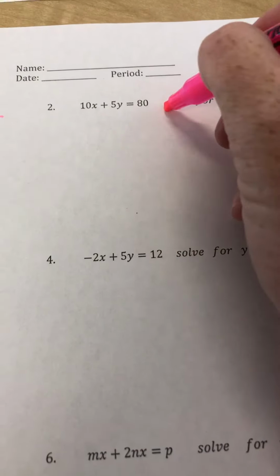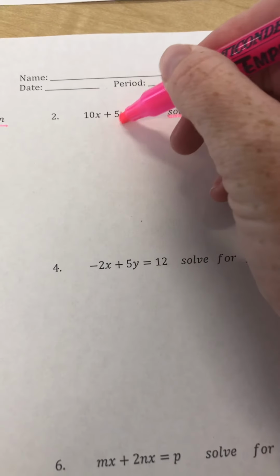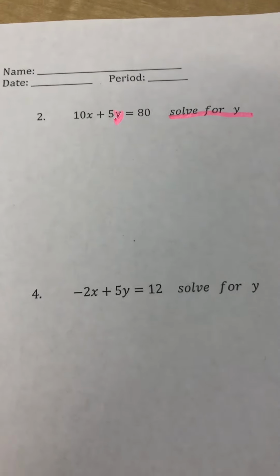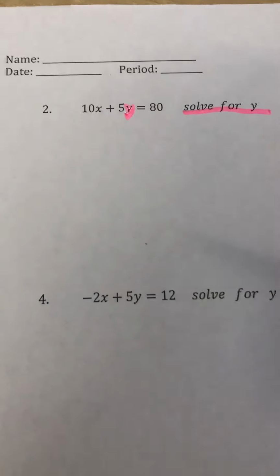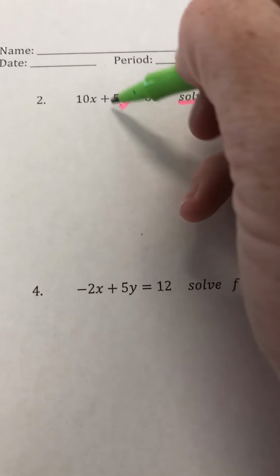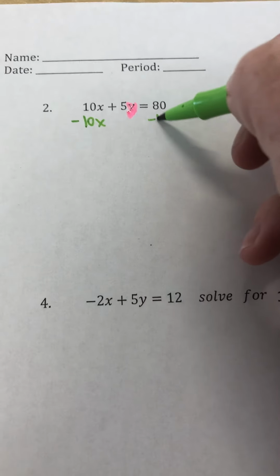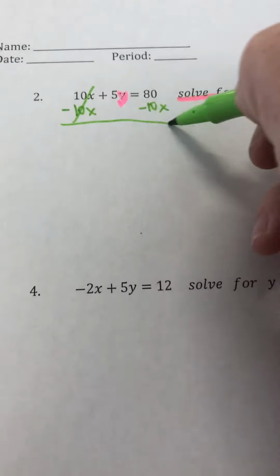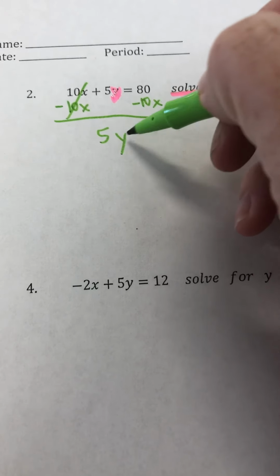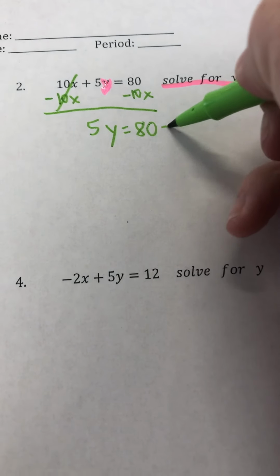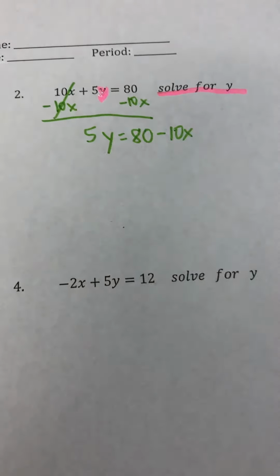So right here I want you to solve for y. So here's y, I want to get y by itself. And so I want to move, again, this is 5 times y, this is plus 10x, so I'm going to subtract 10x. So bringing down, I've got 5y equals 80 minus 10x.